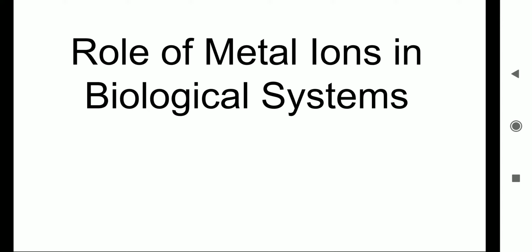So they gain electrons from atoms such as oxygen, nitrogen, sulfur, and occasionally carbon also. These metal ions are mainly present in a ligand based system.